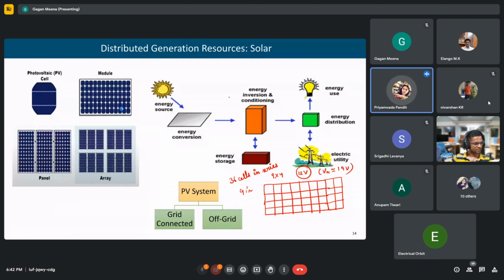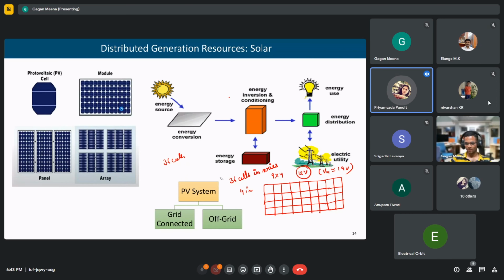Even though physically they look like that, their electrical connection would be different. So it can be 18 into 2 as well. Sometimes it is directly 36 cells all in series. Although it is shown like 9 by 4, they are all in series, and each cell is producing around 0.33 volt of output.